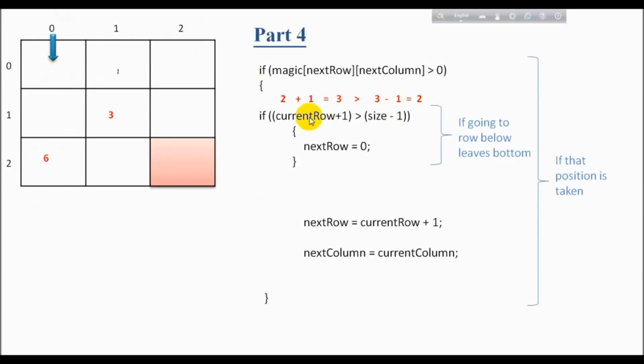If this condition gets true, this code will be executed, otherwise this code will be executed. So we'll just put this code into our else section. So for this scenario where this place is empty and we can put our number easily here, none of this code will be executed. Now, as we have checked all the conditions and calculated our next situation, we just need to put our next number here.